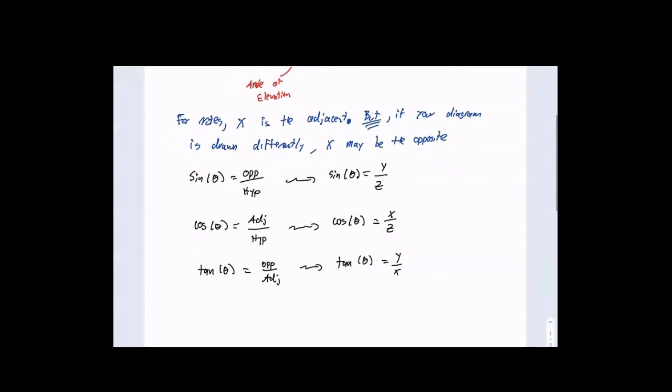So when I say theta is a function of time, x is a function of time, y is a function of time, and z is a function of time, unless noted constant.